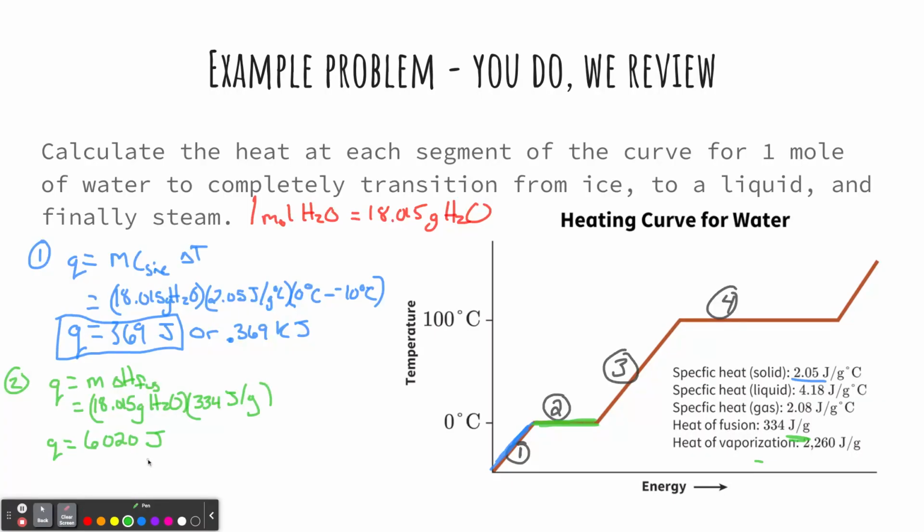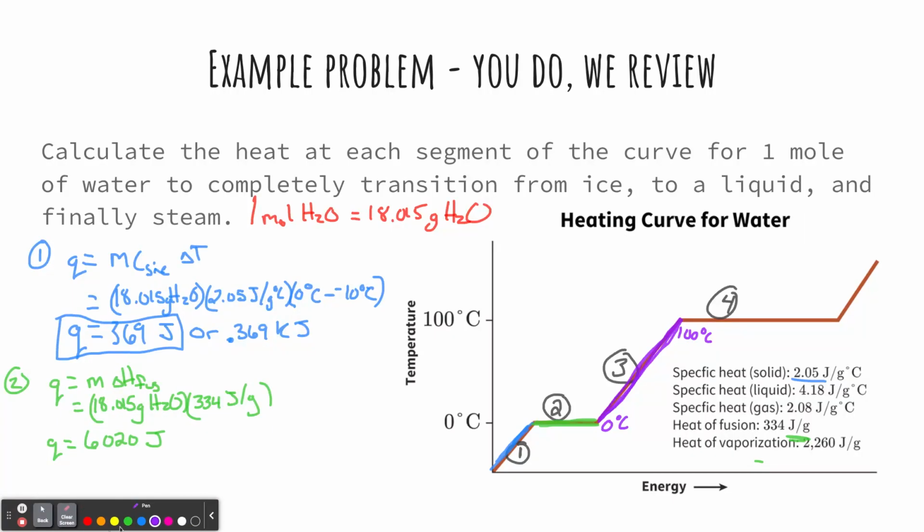So guys, what I want you to do now is pause the video, and I want you to try and solve the heat required at segment 3. So let's assume that's from 0 degrees Celsius to 100 degrees Celsius, the heat required to undergo this temperature change.